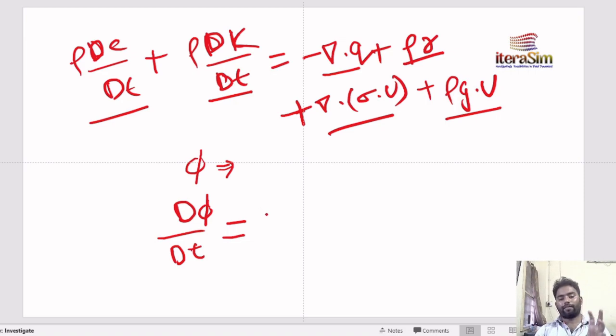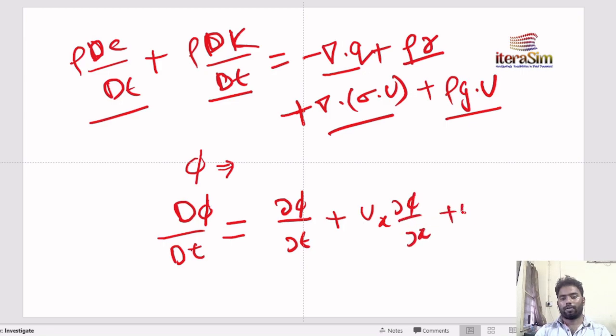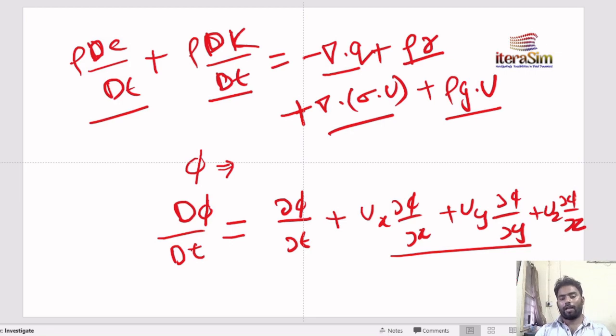This material derivative can be written in terms of space and time: del phi upon del t, that is the time component, plus ux into del phi upon del x, plus uy into del phi upon del y, plus uz into del phi upon del z. So if we have 3-dimensional coordinates and time, the material derivative can be expressed in terms of space and time.